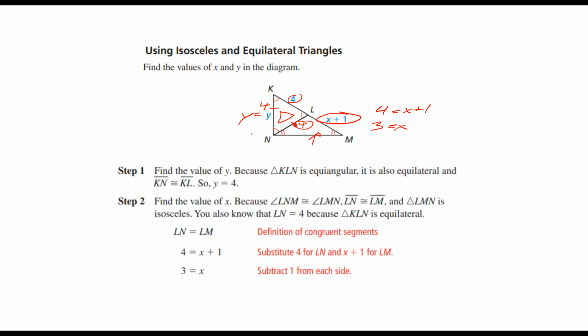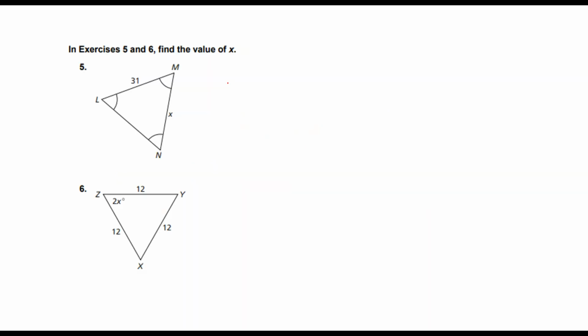All right, there's all that stuff. Moving on. So try it yourself. What do we know about x here? Pause and go. Hopefully you figured it out that fast. x is 31 because it's an equiangular triangle. Next, 2x. What do we know about 2x here? Well, I know these are 12.